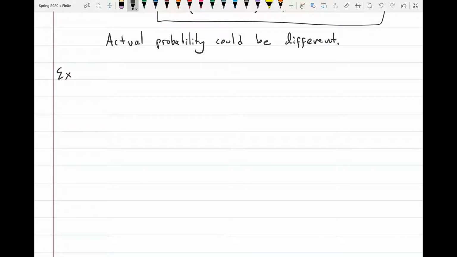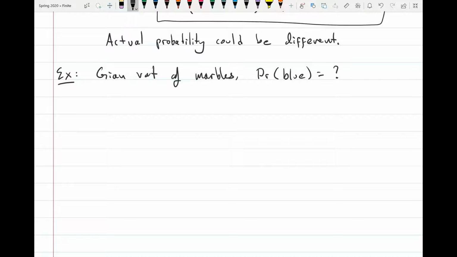Right? Another example might be that we have a giant vat of marbles, and let's say we want to know the probability that a random marble is blue from this giant vat of untold millions. Well, we randomly select 50 and observe the color.